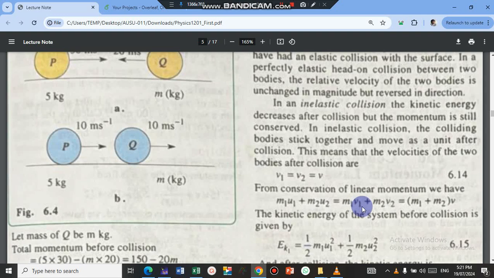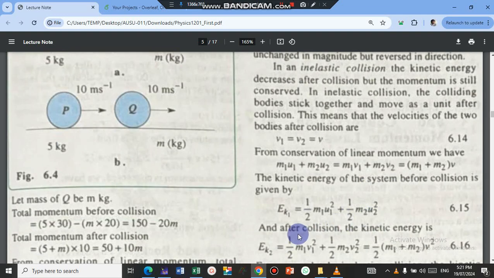Instead of V1 and V2 here, we remove the 1 and the 2 and only have V since they are common, so we can factorize the V. So we have (M1 + M2) in brackets, and the V outside the bracket after the factorization. So if we are told that the objects stuck together after collision, we say the total momentum before collision is equal to this one, because they have common velocity V. We don't have to use V1, V2.